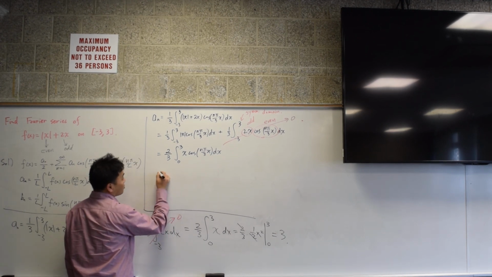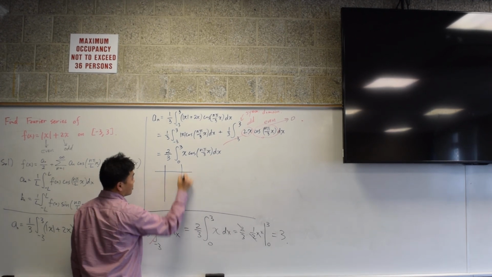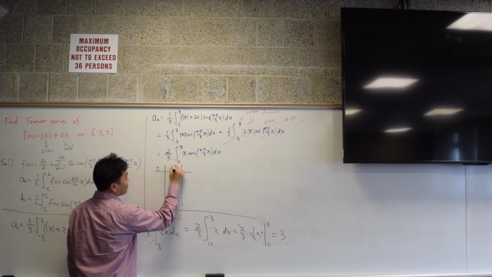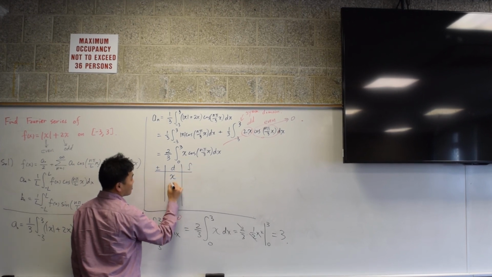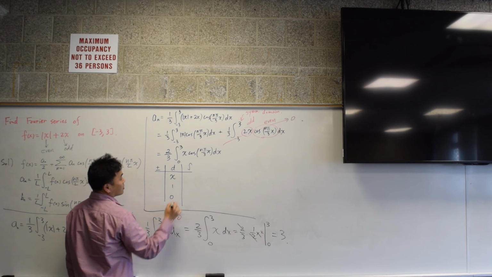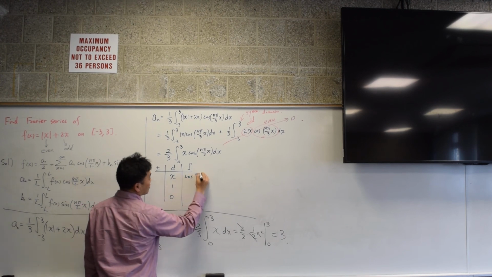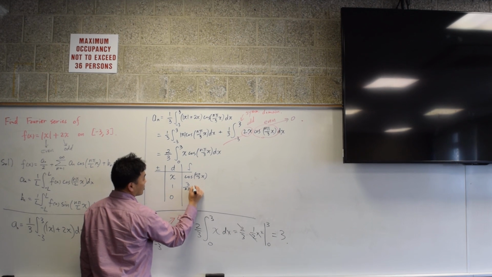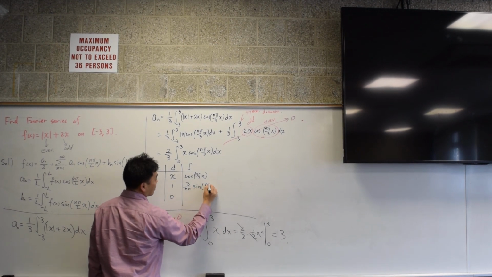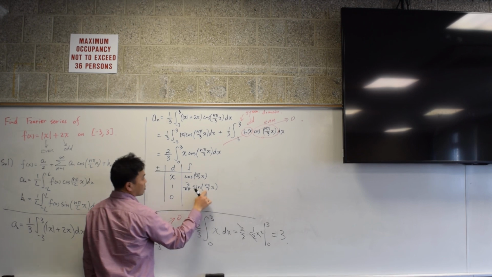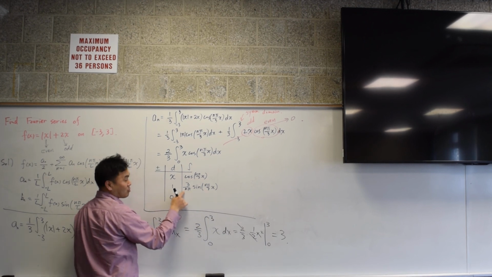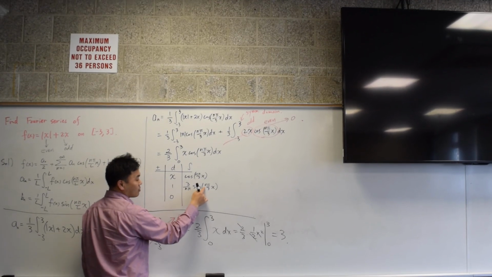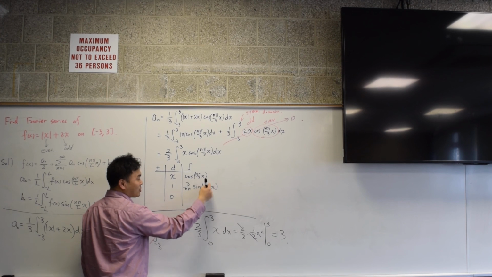So now we have to do the tabular integration: x, 1, 0, and cosine n pi over 3 x integrates to 3 over n pi sine n pi over 3 x. See, the reciprocal of this number always pops up front. You have to flip this and put it here.